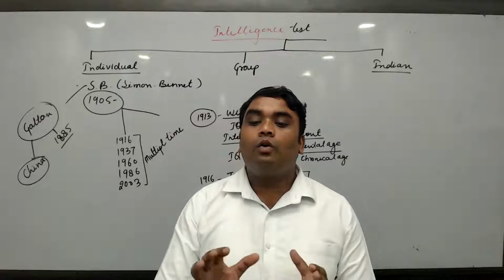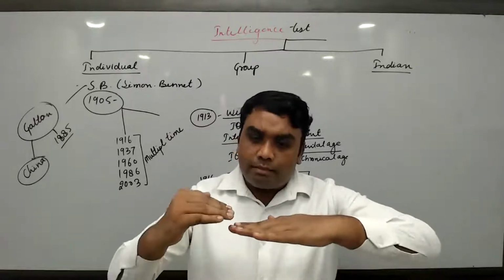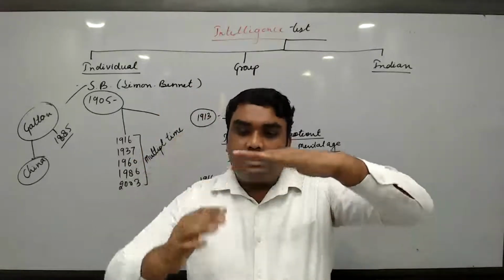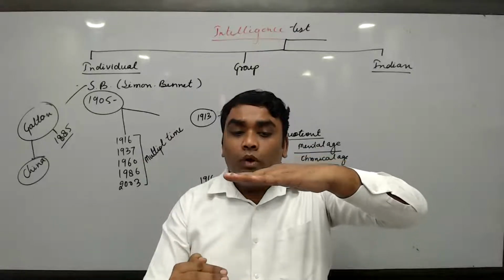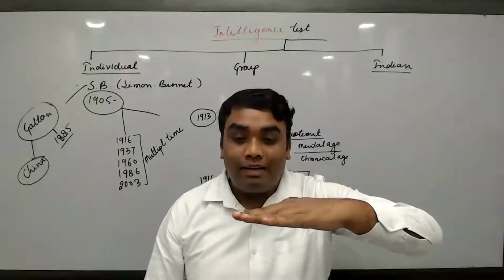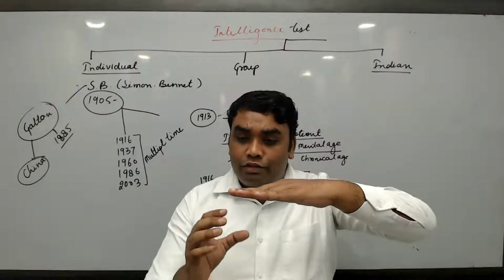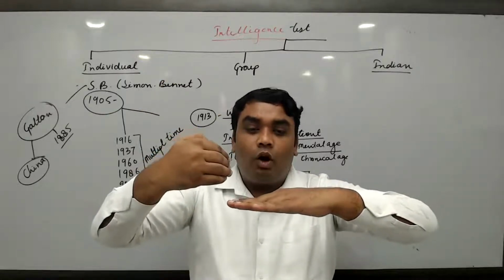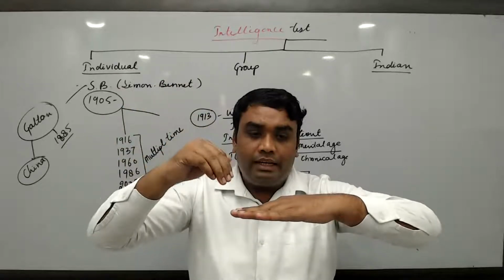Intelligence is a global capacity. Getting it? Suppose this is normal. If someone is below normal capacity, we call them mentally retarded. And if someone is better than this general capacity, we call them brilliant, genius, superior, etc.